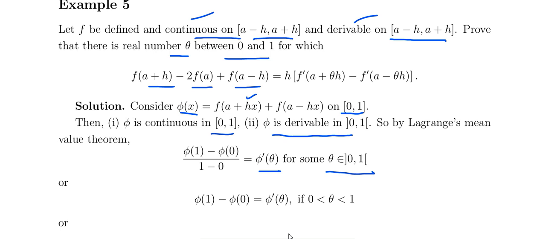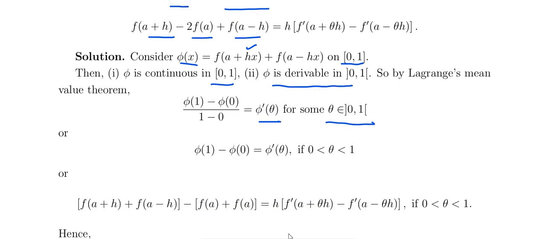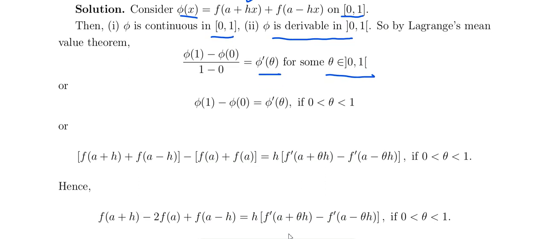So what is the phi dash of theta? This is the f dash, this is also f dash. Phi dash with respect to theta here, so we want to differentiate at the point theta.